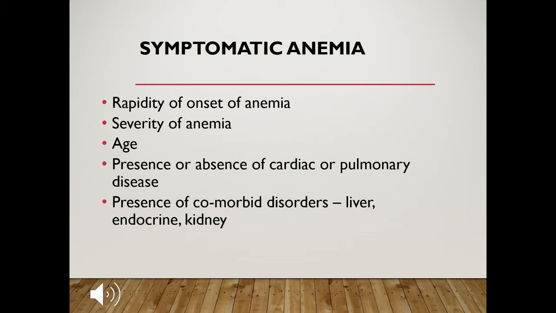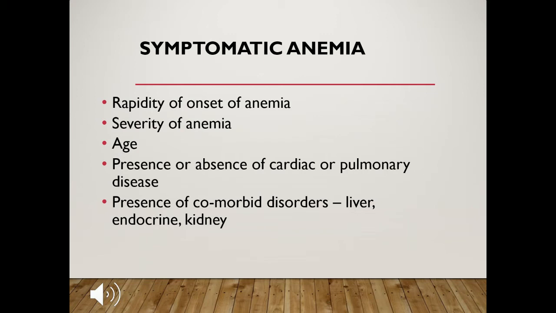So iba-iba yan kada tao because it is dependent on the rapidity of onset of anemia, wherein the faster the drop in hemoglobin, mas lalong symptomatic yung patient because the cardiovascular system is unable to compensate. Second is the severity of anemia.